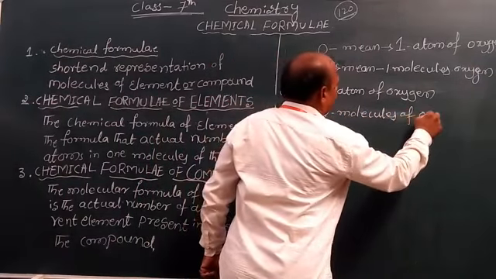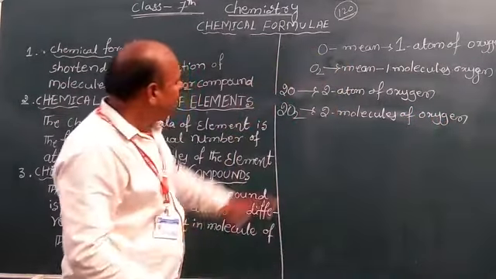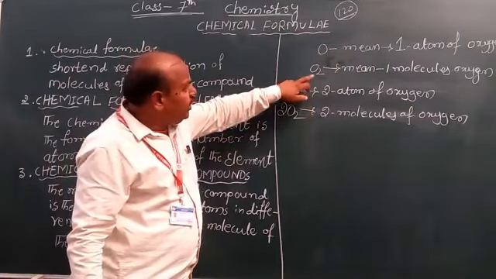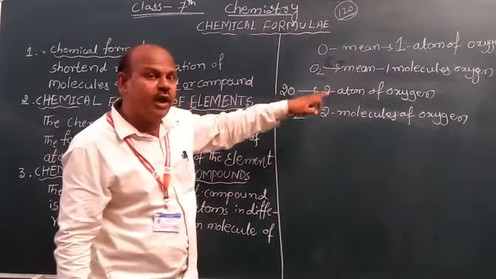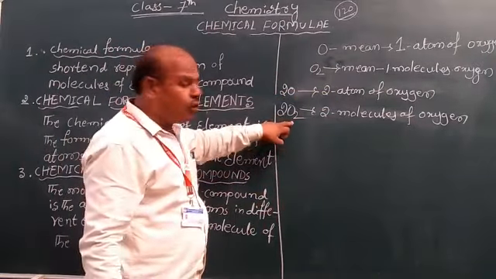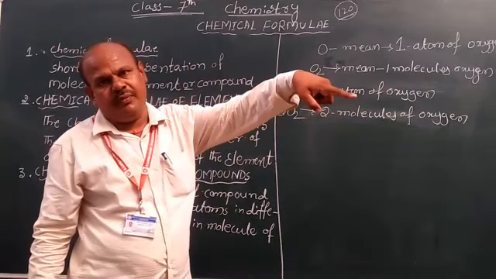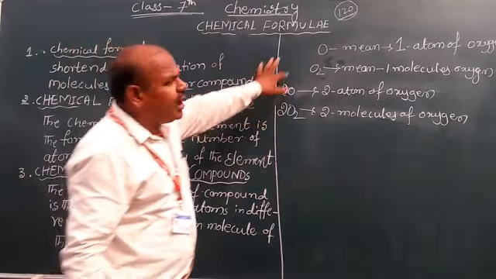So O means one atom of oxygen, O2 means one molecule of oxygen, 2O means two atoms of oxygen, and 2O2 means two molecules of oxygen. That means these are all chemical formulas of elements.